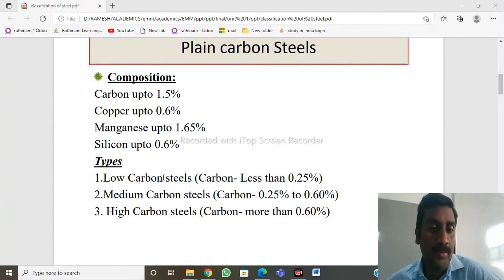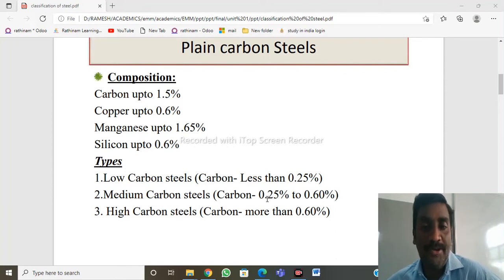If it is low carbon steel, then the carbon percentage is less than 0.25 percent, which we already discussed. Low carbon means the carbon percentage is very low, the minimal negligible value of carbon present from the ore.